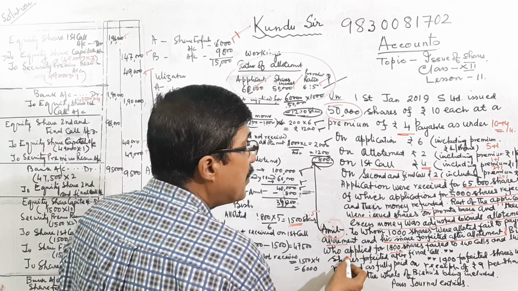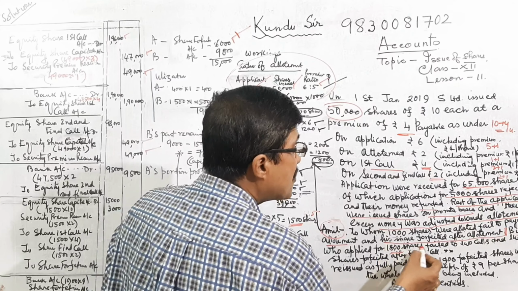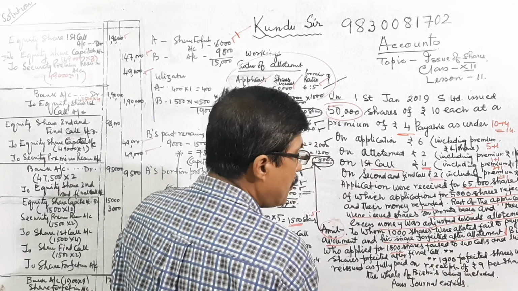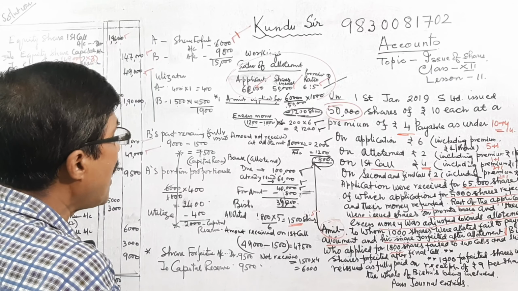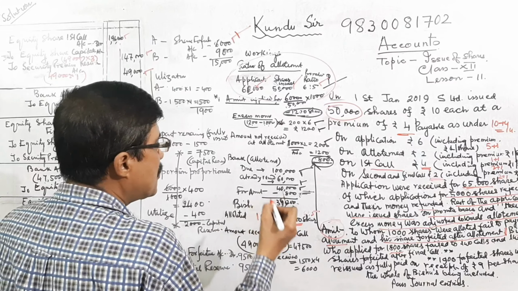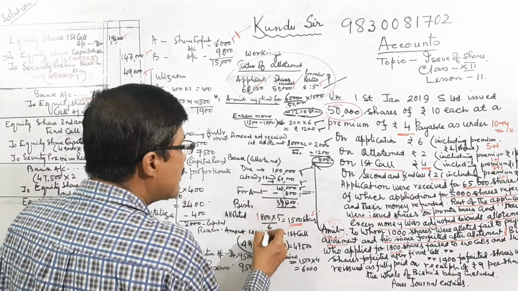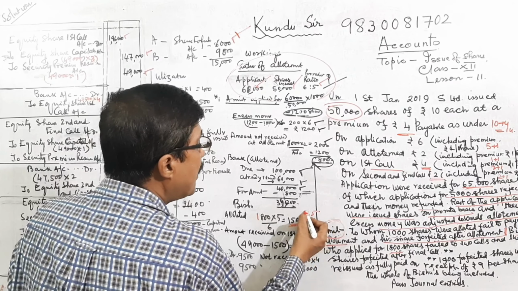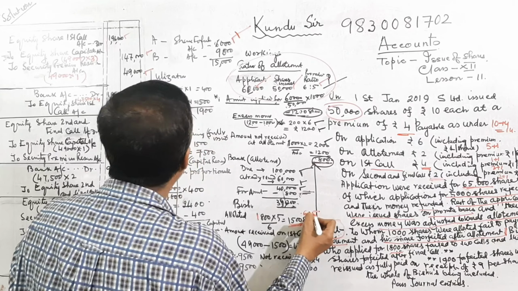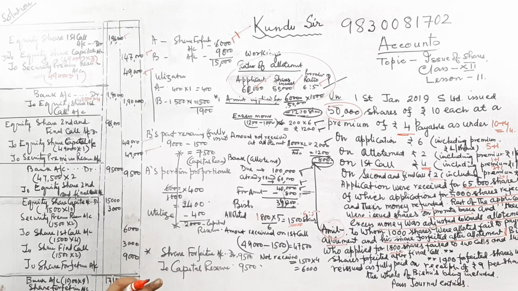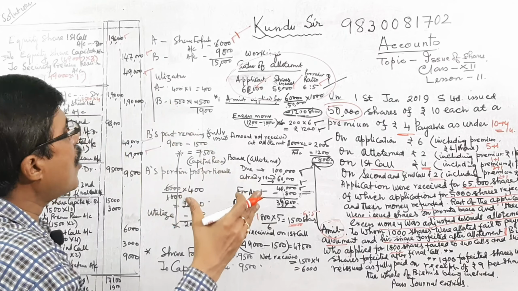Vishnu applied for 1,800 shares, which were forfeited. First we have to calculate how many shares were allotted to him. He applied 1,800 and the ratio is 6:5, divided by 6 multiplied by 5, that is 1,500 shares, and the ratio of allotment is 6:5. That means when Vishnu is not giving, Amit's part is over up to allotment.